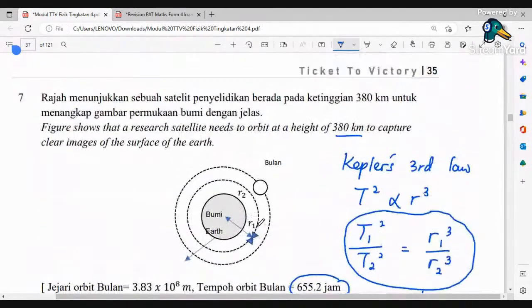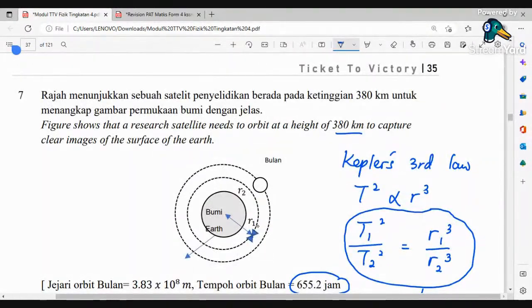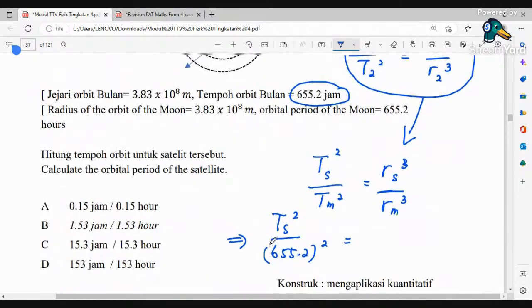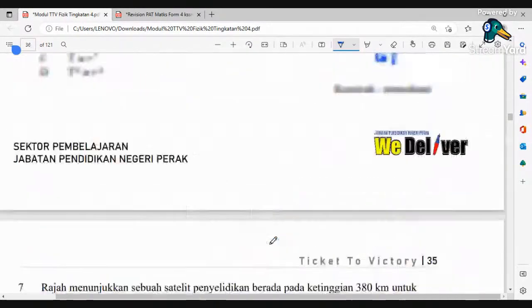Sorry. The radius for the satellite, we need to find first, because the height given means the radius of the Earth plus the height. The radius of the Earth, we can get from another question because it is not given here.